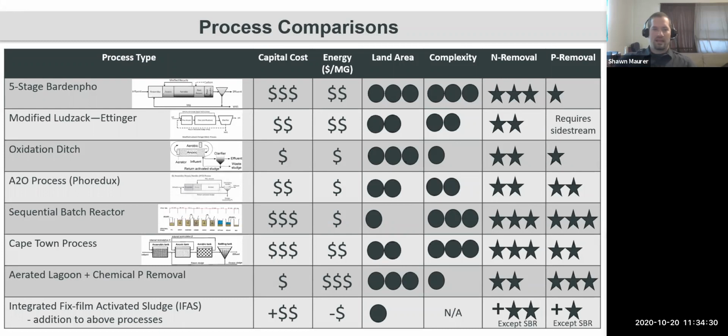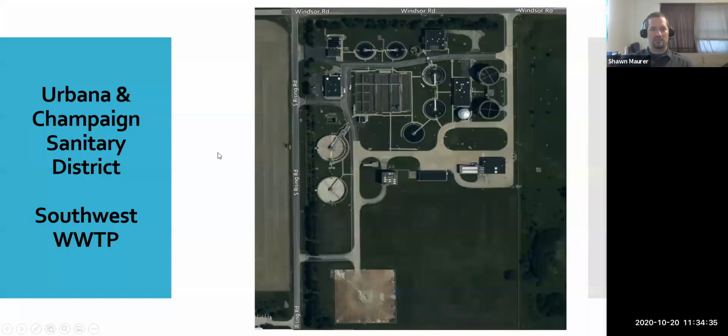But what I'd like to do now is let Jackie Christensen discuss a little bit about what Urbana-Champaign Sanitary District did with their plant. Jackie began her wastewater career with Richmond Sanitary District in Richmond, Indiana. Started as a lab technician and advanced to assistant director. After relocating to Champaign, she worked in the private sector as an environmental manager for Guardian West, an automotive parts manufacturer.